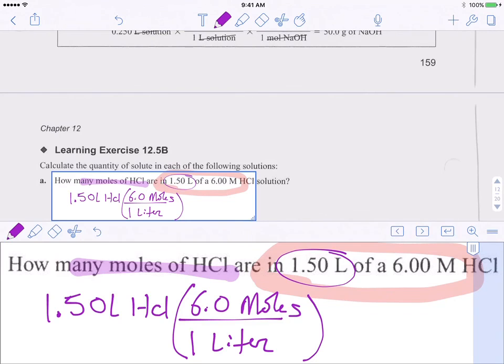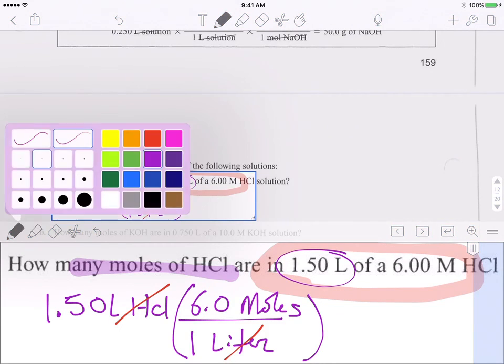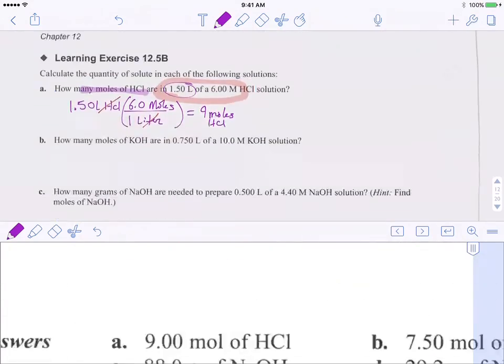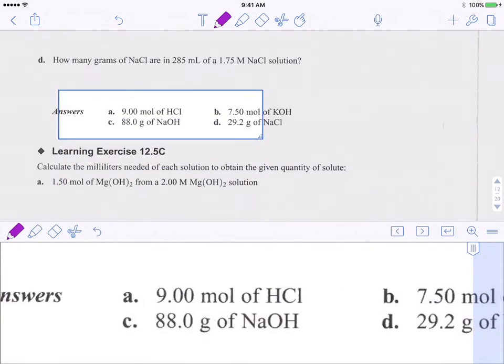You don't want to put 6 down here and 1 up there. If I go through and cancel my units, liters of HCl cancels, liters of HCl cancels, left with moles of HCl. Equals 1.5 times 6, looks like 9. 9 moles of HCl. Check my answer. 9 moles of HCl. Excellent.